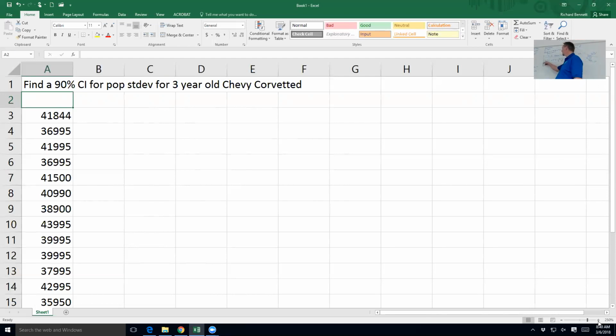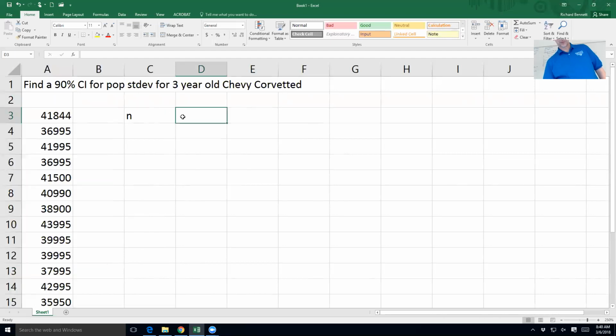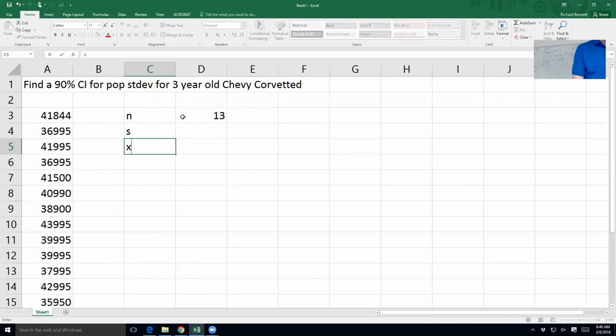If we look at the chi-squared equation, we need to know our n, right? Our n in this case is 13. We need to know our s, I'll figure that out in a minute. We need to know our chi-squared on the right and our chi-squared on the left. That's all we need.